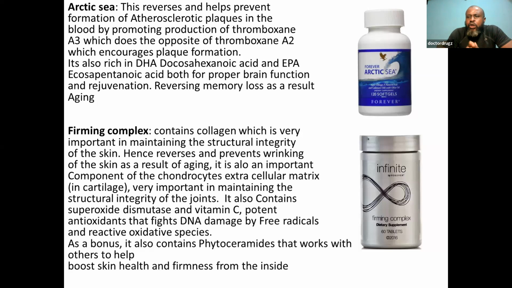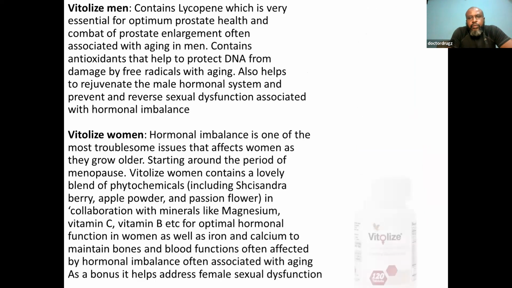Now, this Firming Complex will help you to have enough collagen. And apart from that, it also contains antioxidants that protect the DNA from damage and make the DNA produce even more wonderful collagen that helps the skin to stay firm and smooth. Now, as a bonus, it contains some phytoceramides that work with others to help boost skin health and firmness from the inside. How wonderful is this?